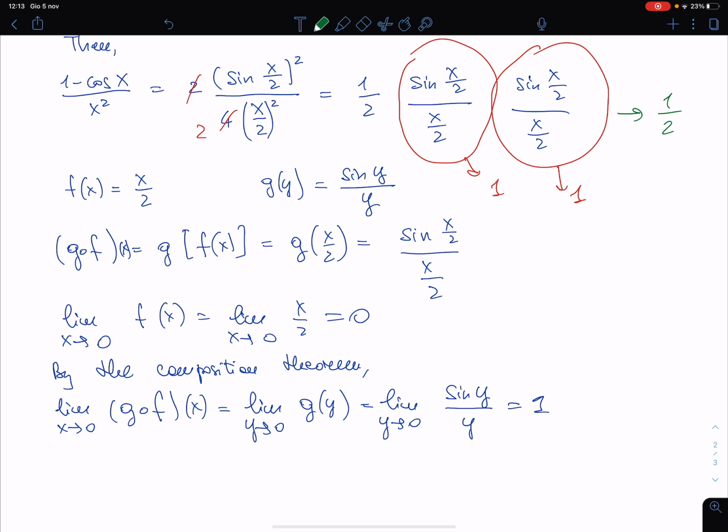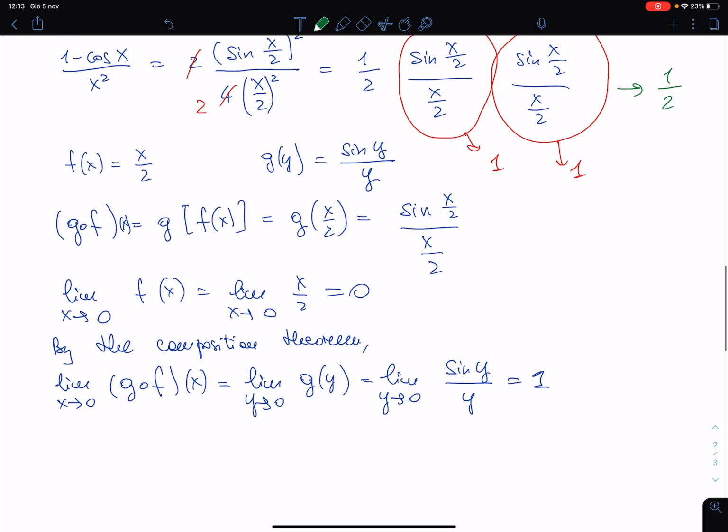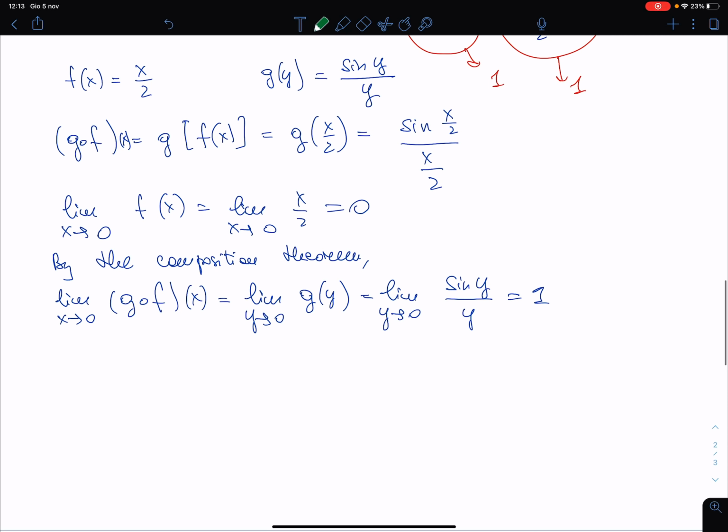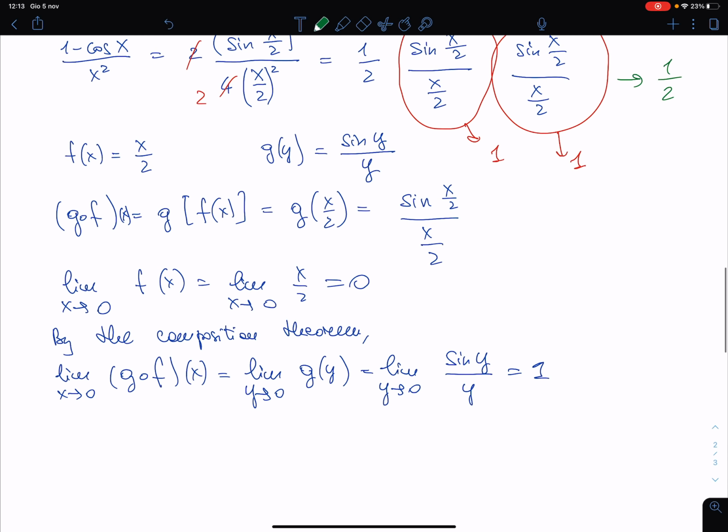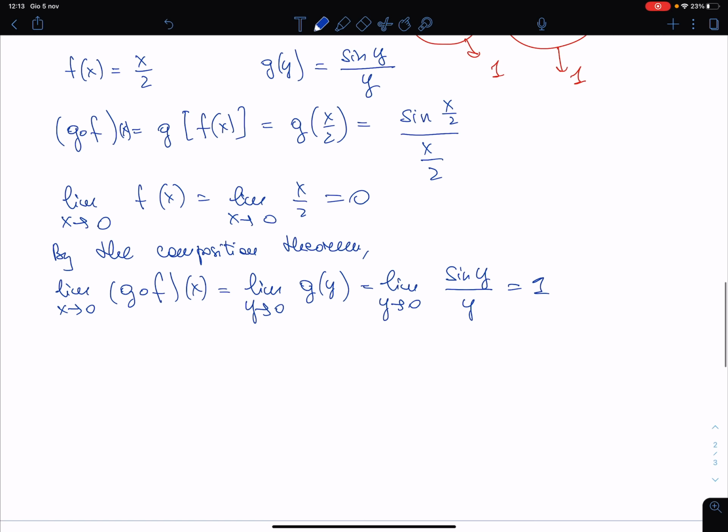So this tends to 1/2. Okay. And so this is a very, very easy task at this level. And this is a sort of pedantic application of this theorem, but you already know that this theorem is very important, is very well used, because it allows you to do this operation of change of variable.